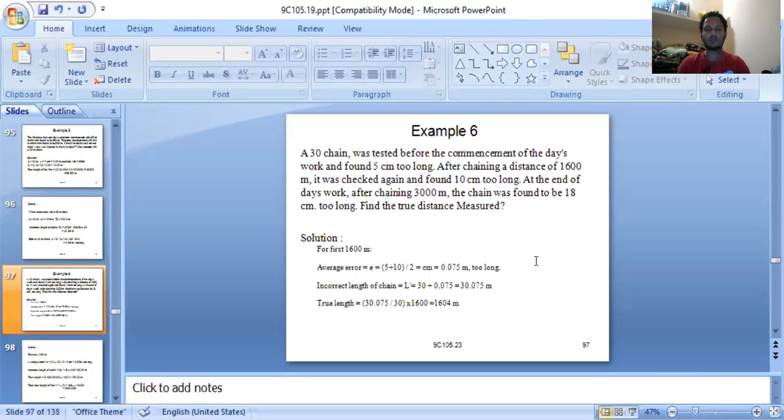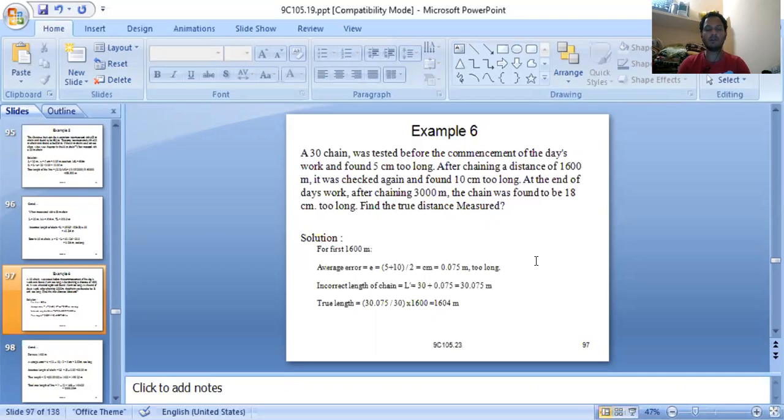This is a very interesting problem where the chain measured erroneously at the beginning, in the middle, and at the end of the survey. Here we can divide the entire problem into two phases: from the starting to the intermediate point, and from the intermediate point to the ending.